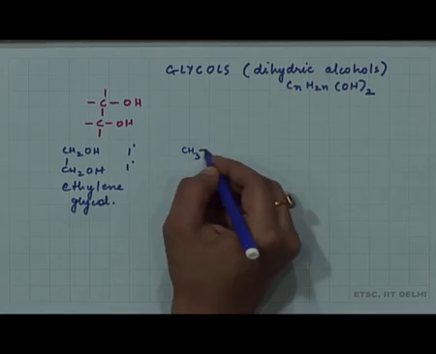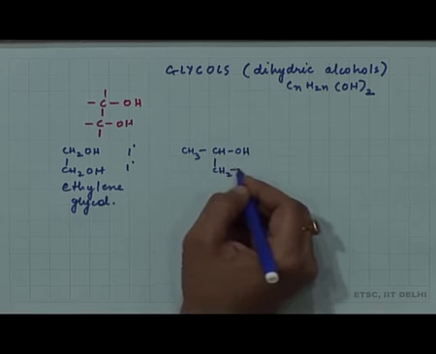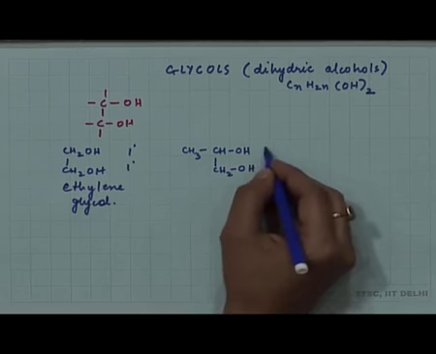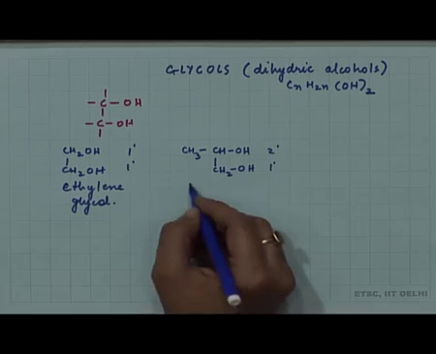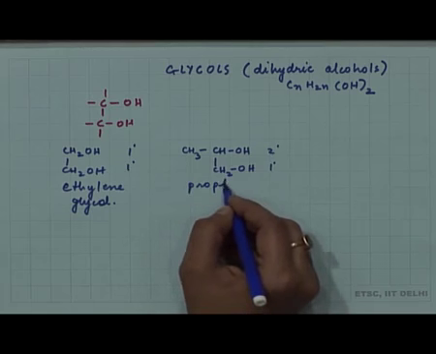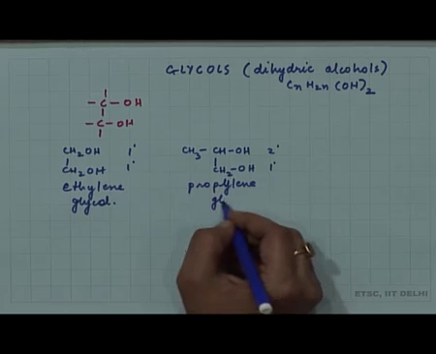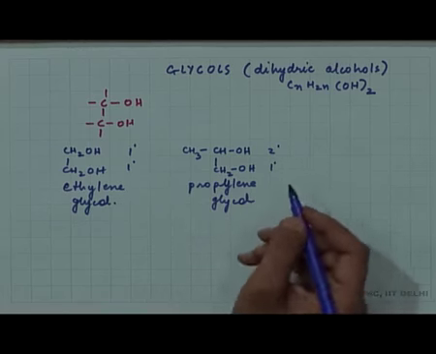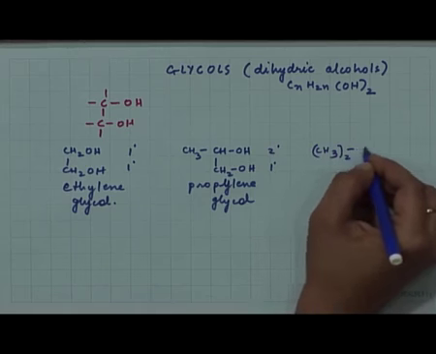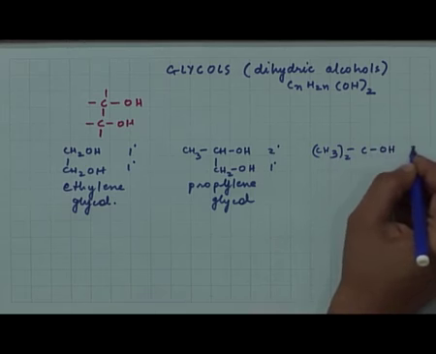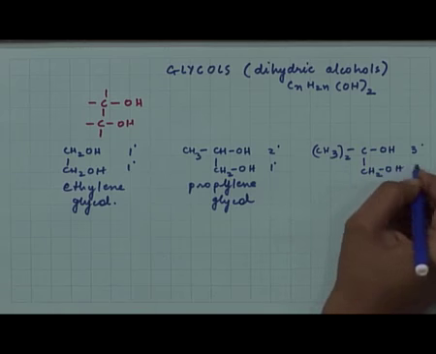If you have a secondary alcohol here linked to a primary alcohol, this 1, 2, 3 carbon system, we call this propylene glycol. Another example: you have a tertiary alcohol linked to this primary one.